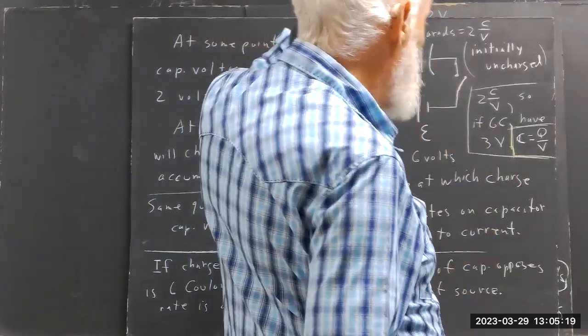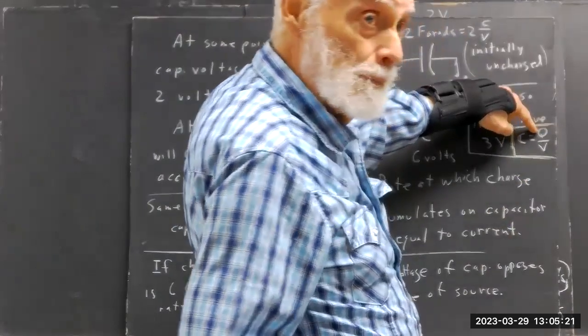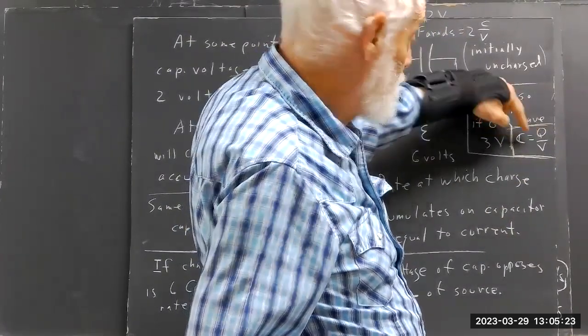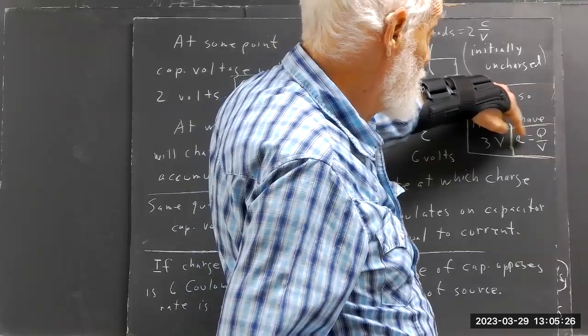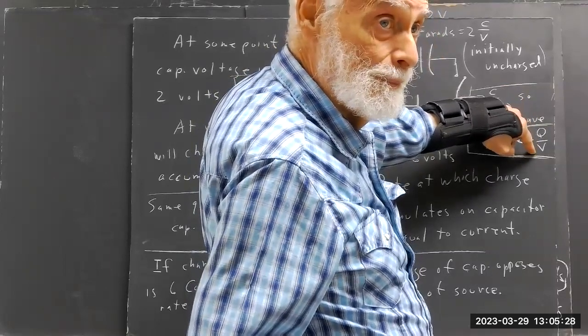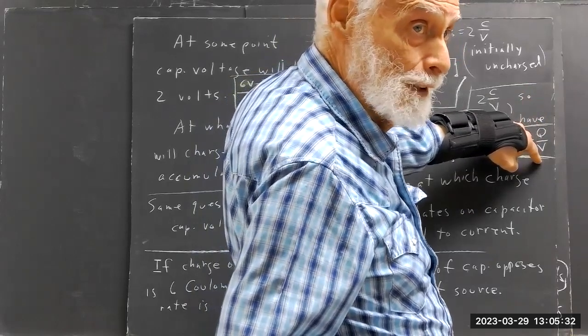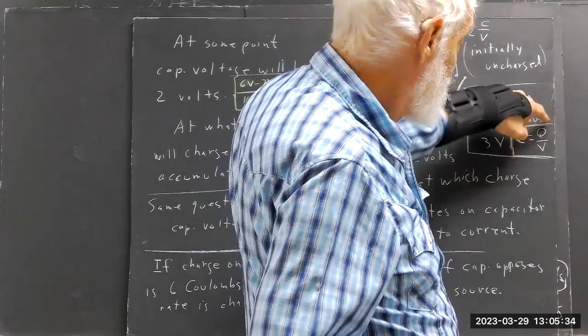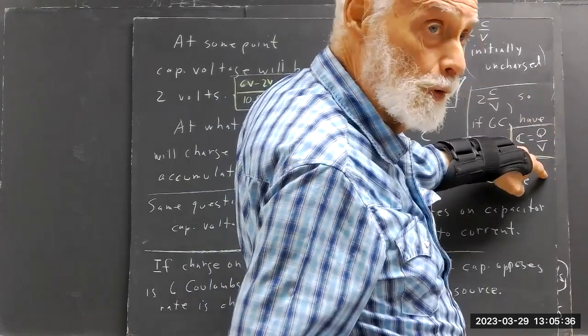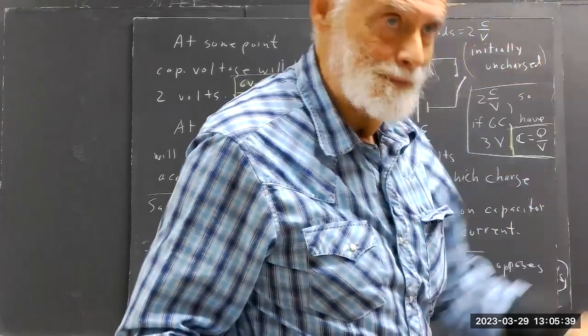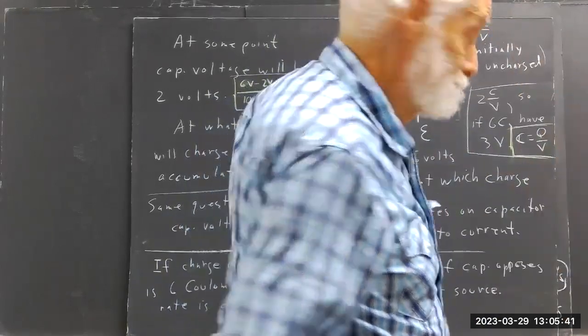So what I've given you is Q, and you know the capacitance, so you solve for V. V is going to be Q over capacitance. 6 coulombs over 2 coulombs per volt gives you 3 volts.